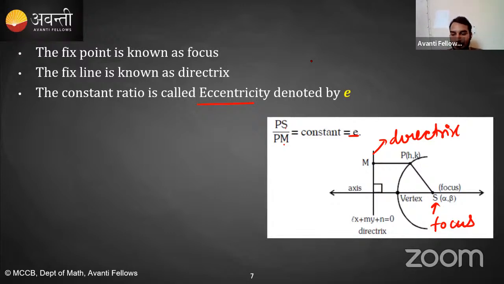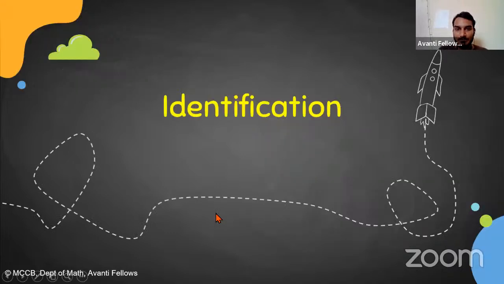Now there are some cases that arise on the basis of the position of the point h comma k. We can divide this into two cases.